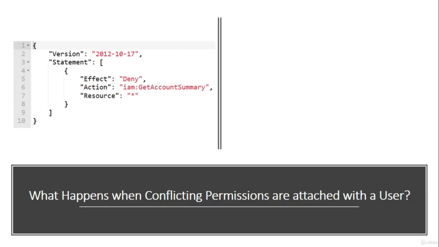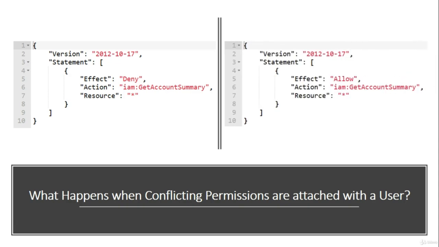Here's one policy, version, statement, and inside the statement we have got three elements: effect, action and resource. And here's another one. Okay, the two are quite similar, almost exactly similar, but can you spot the difference between these two policies? Okay, read them carefully, both of them.